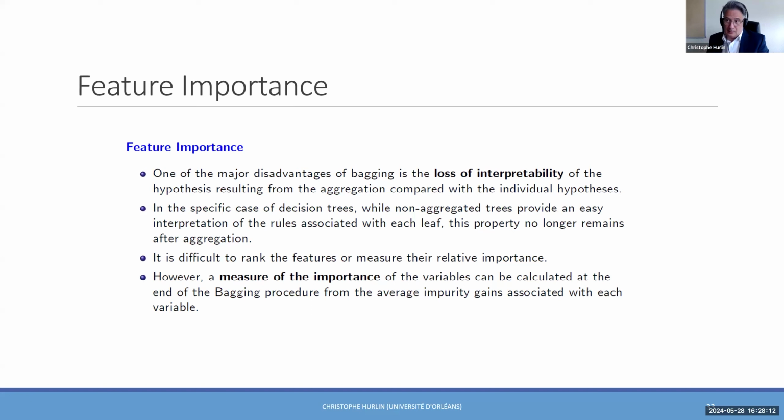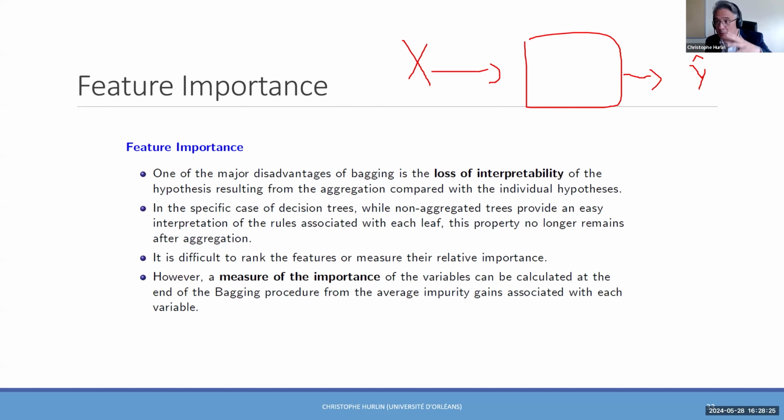So we have a black box at the end that relates the X to the prediction. The prediction Y is a 0-1 in a classification problem, or a continuous value for regression.